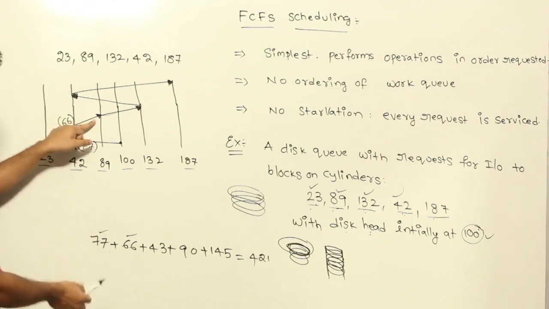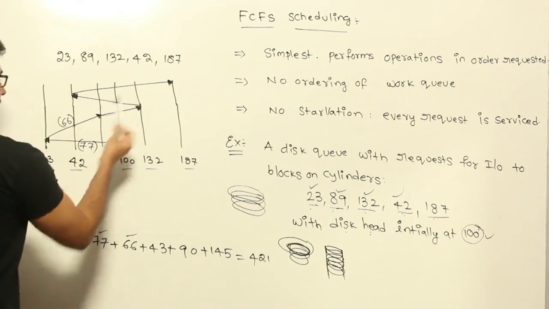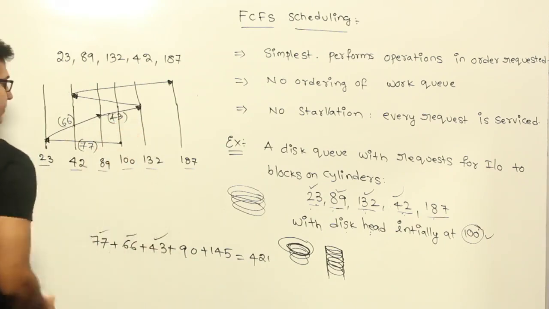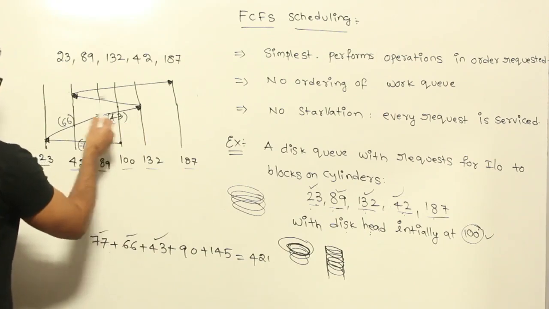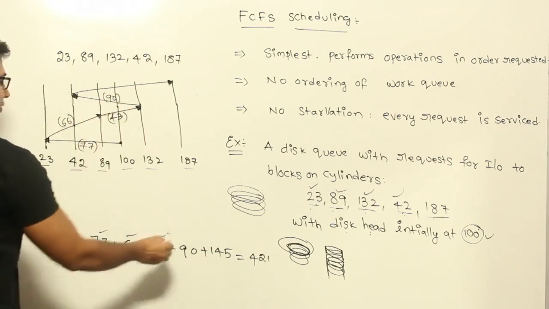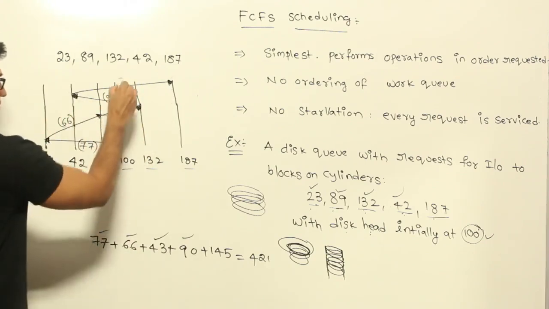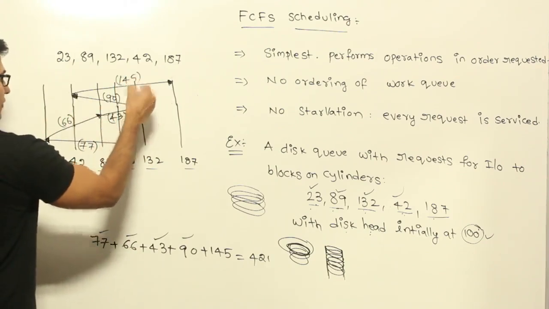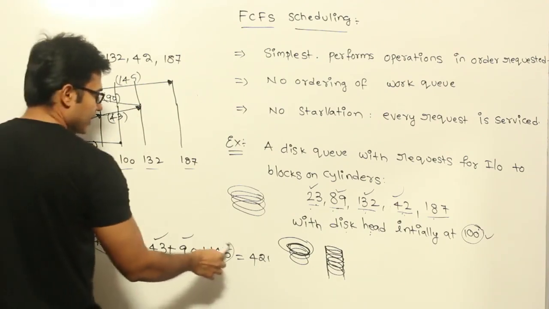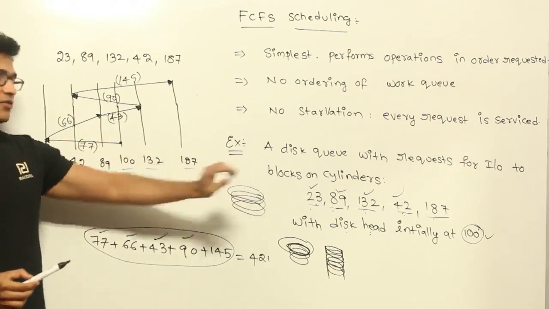Once I am at 89, I am going to 132, and for that it is 43. From 132 I am coming back to 42, which takes 90. And from 42 I am going to 187, which takes 145. So if you count all this, this is the total number of cylinders that I have crossed in this entire process of servicing all these requests starting from 100.